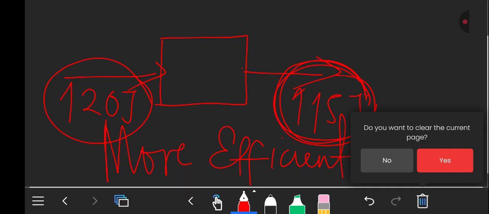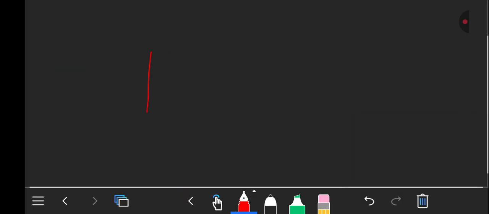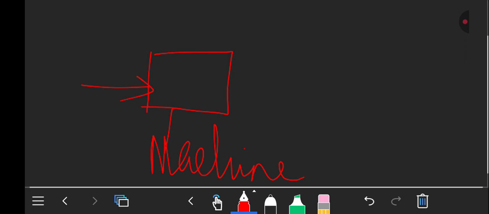Now let's look at a certain machine. You feed this machine with, let's say, the same value, 120 joules, and this machine is able to do useful work, or work output, of, let's say, just 25 joules.